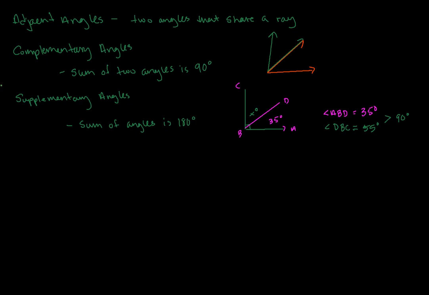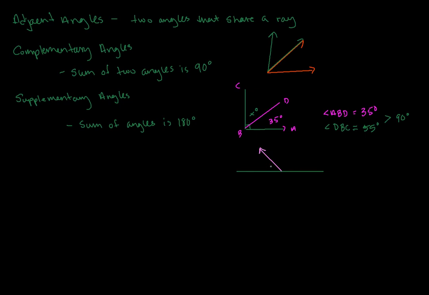So if we think about a straight line, we know that that's 180 degrees. And any two or more angles that add up to 180 degrees in this case will make them supplementary to each other.